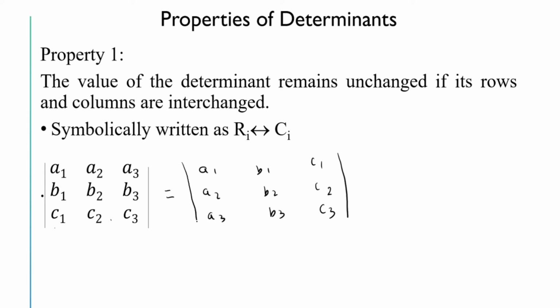So these two are equal. Symbolically we can write it as interchanging Ri and Ci, where Ri represents the ith row and Ci the ith column.